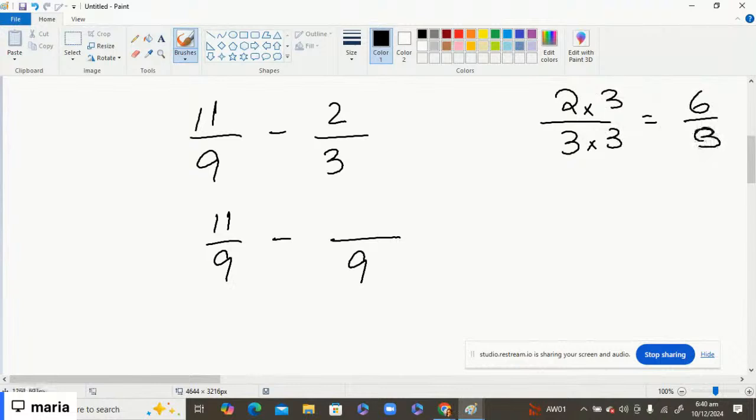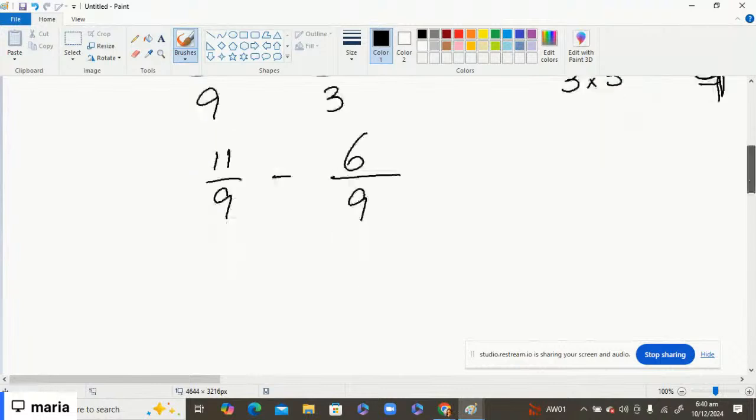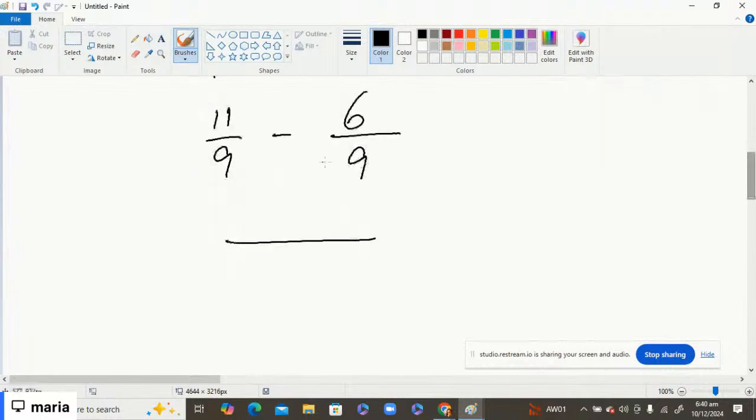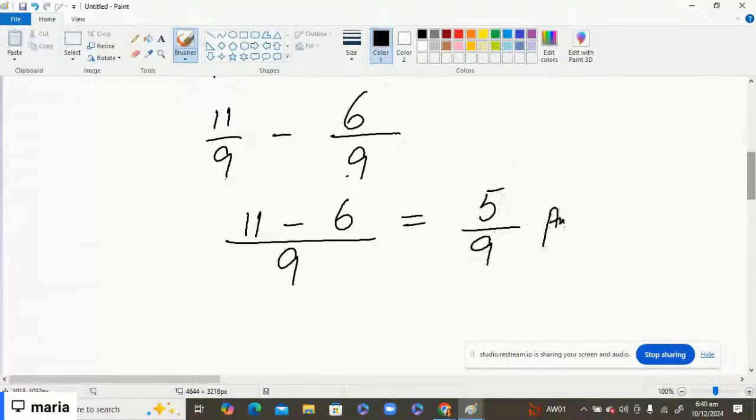Okay, so 6 by 9. Now 9 and 9 are the same, so I'm just putting 9 here. Here is 11 minus 6. What's the answer for 11 minus 6? That is 5 over 9, and that is your answer. Okay.